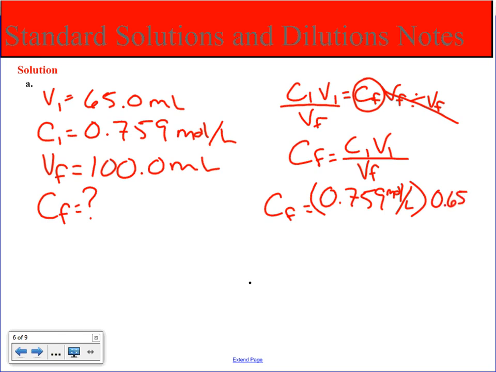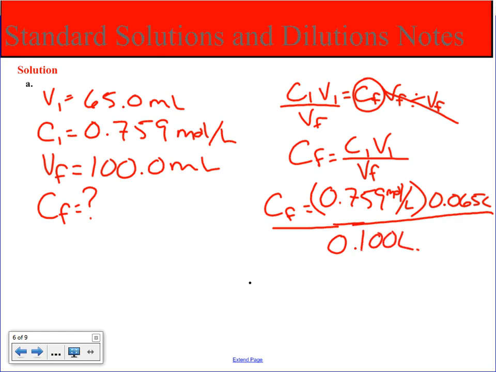0.6, oh, sorry, 0.65 liters. Oh, no, that's not right either. It should be 0.065 liters, all divided by 100 milliliters, which is 0.100 liters.